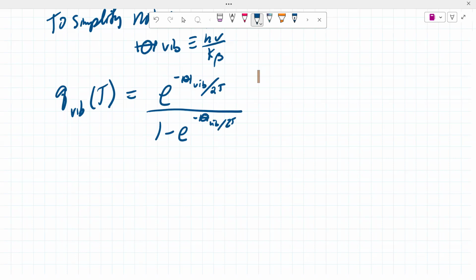Great. So knowing the partition function, we can compute the related properties.